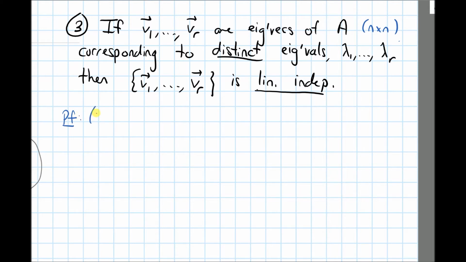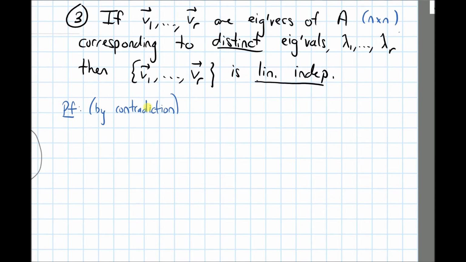The proof of this is done by contradiction, and we've seen proofs by contradiction before. In a proof by contradiction, we begin by assuming the opposite of what we want to show, and then try to show that that leads to an impossibility.